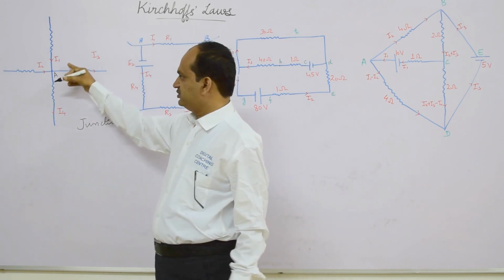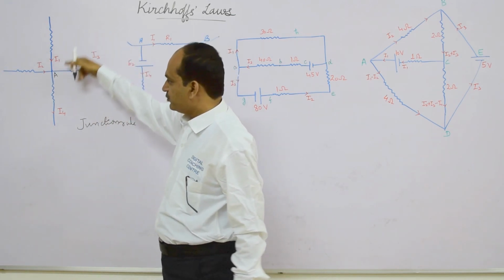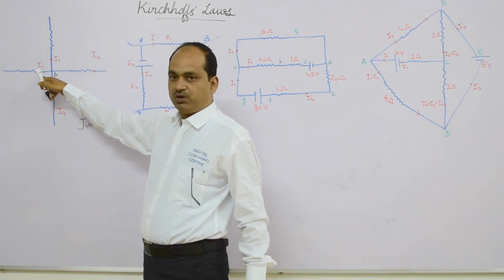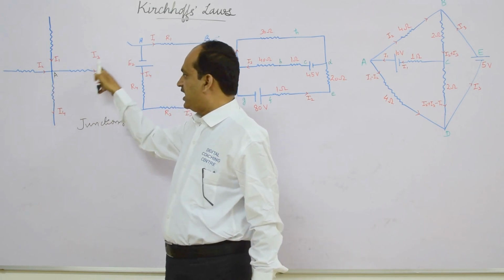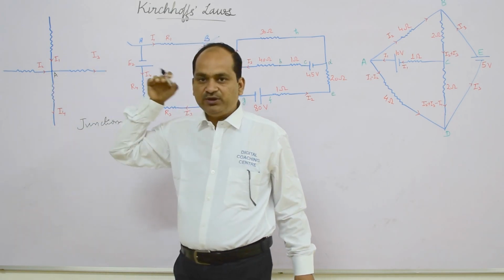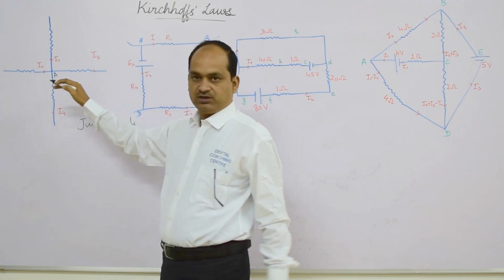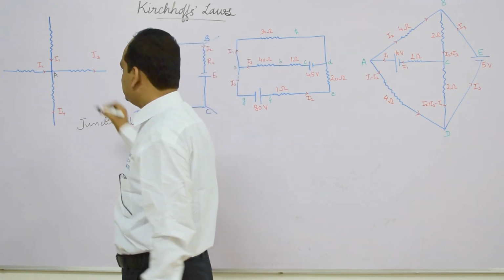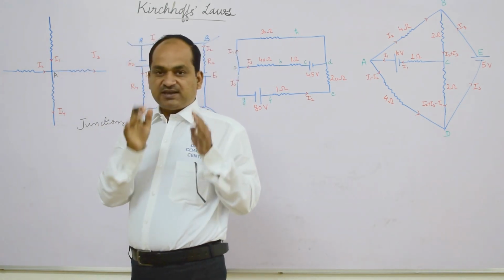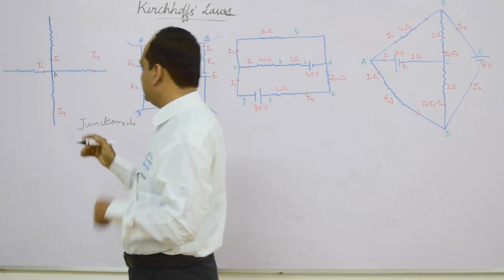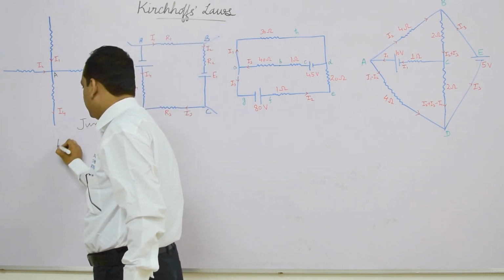We have the directions of current: I1 is approaching towards A, I2 is also approaching towards A, and I3 and I4 are going away from the junction. So we can say the sum of the currents meeting at this junction is 0.